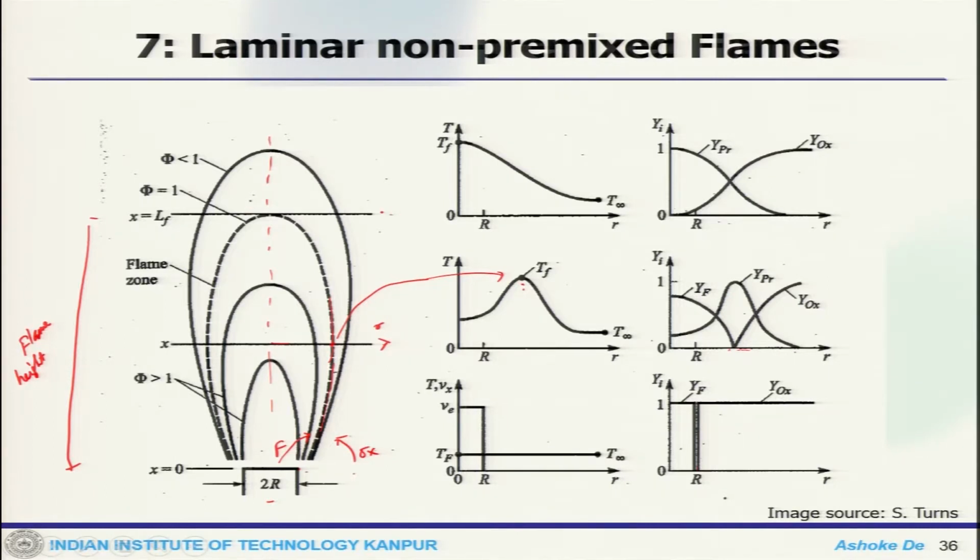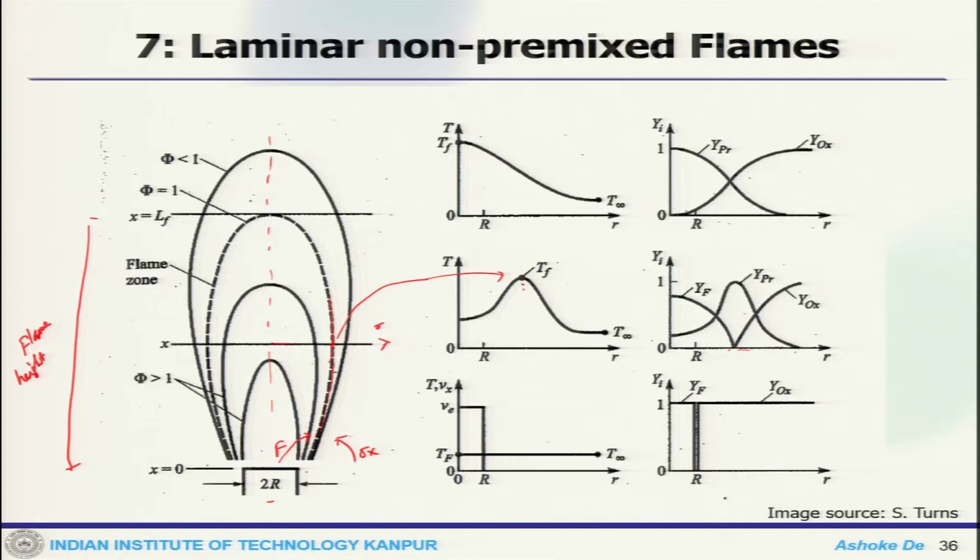Go further downstream, the temperature will vary, because now this is exactly at the tip of the flame height. So, this will be the variation of the product, and this is the variation of the oxidizer. Once you have an idea about the evolution of this jet, you can also identify these characteristics and the profiles, how they would look.